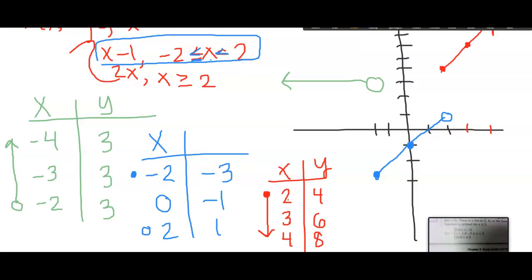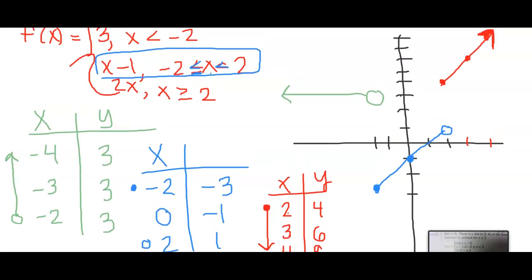And I put an arrow to indicate that this is continuing infinitely in the positive direction. Good? Better? So again, I will guarantee on your quiz, you have to make 3 tables with 3 points and graph all 3 lines. So you will definitely have something like 44, 45, and then this example here.